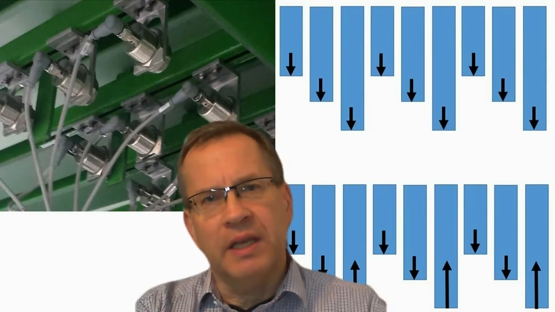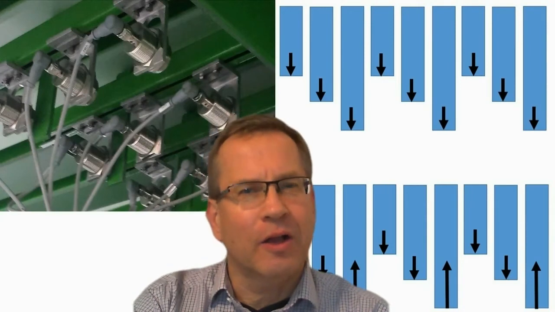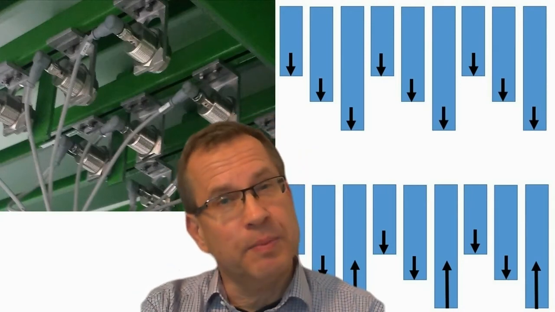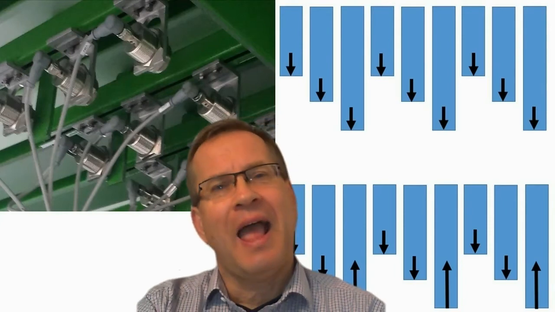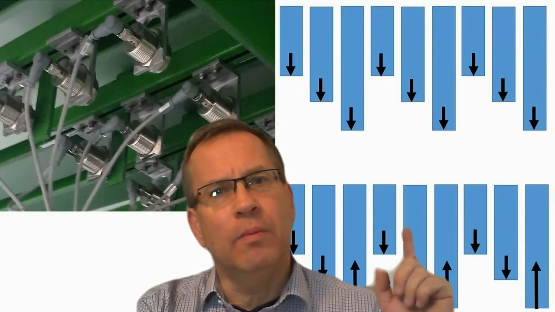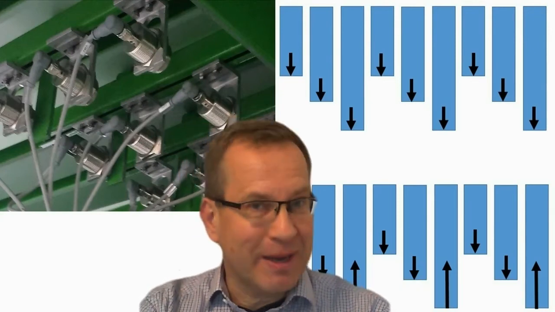What you see behind me here is that you have just a continuous movement where the slats go forward with little speed, with little arrows, and you have these big arrows moving forward, moving backwards very quickly.